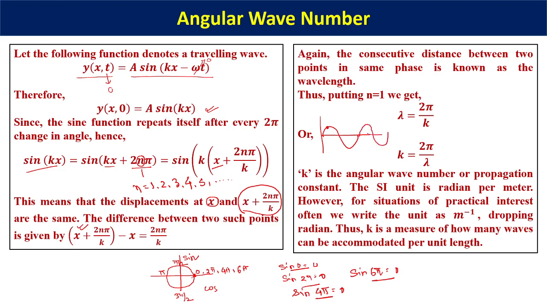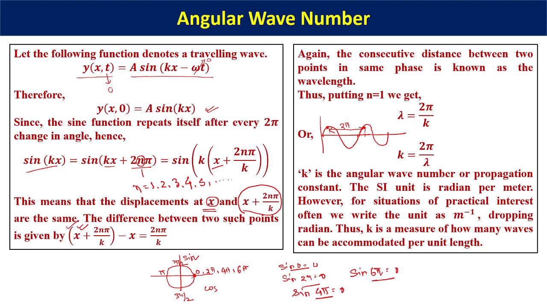This is another cycle of this wave. So this particular point has the same phase as this particular point, or the displacements of this point and this point are the same. What is the angle difference between them? It is twice pi. So the displacement at any location x and x plus twice n pi by k are the same.